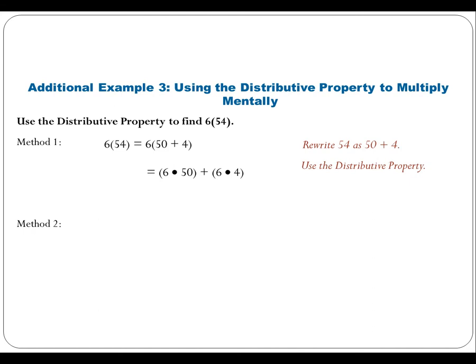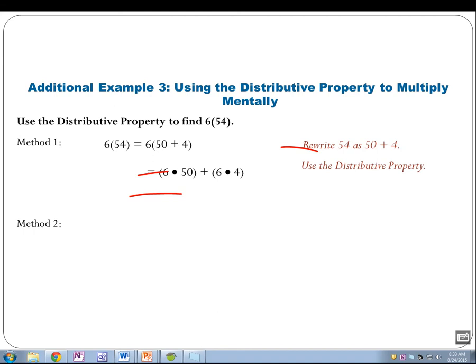Then we have plus 6 times 4, which is 24. So we have 300 plus 24. Yes, sir. 324. Yep. 324. So you can do 6 times 54 in your head muy rápido, very fast.